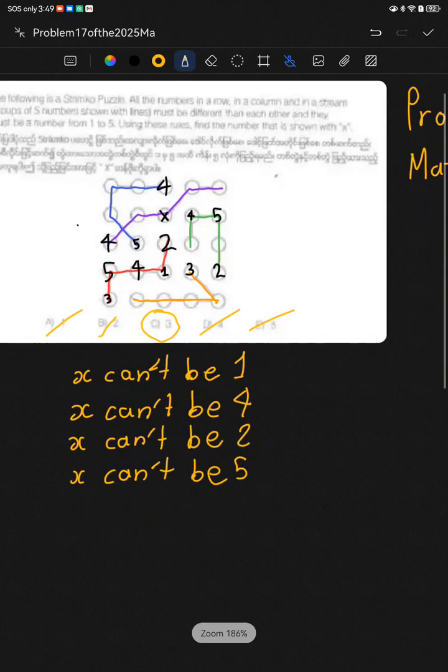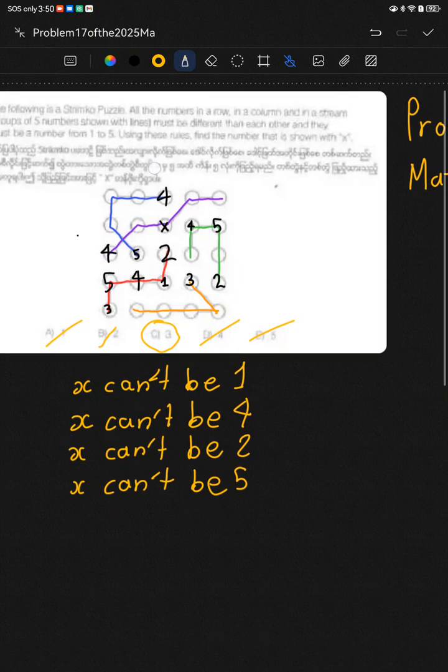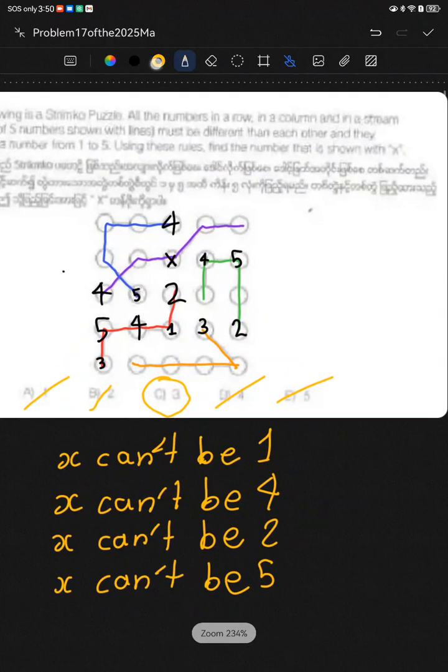But before we move on to problem 2, I want to give you a challenge based on this problem. You see this diagram, right? It's fully incomplete. And I want you to complete the diagram.